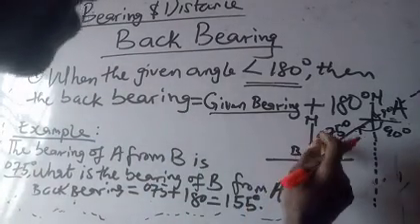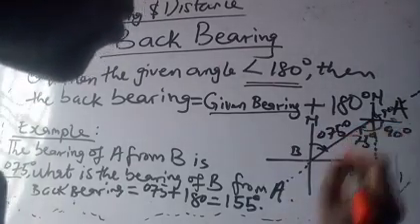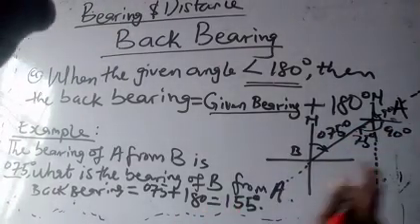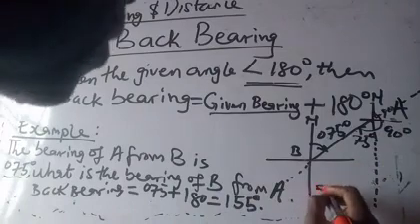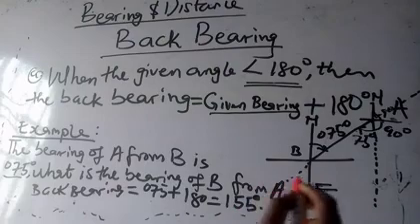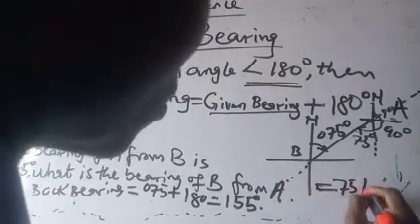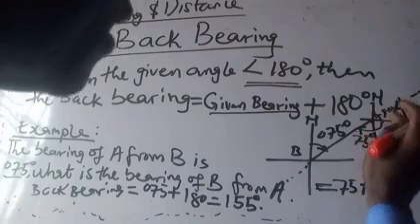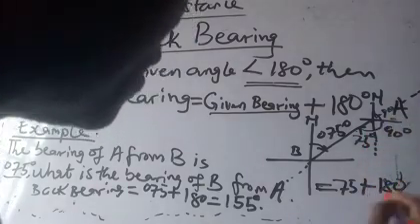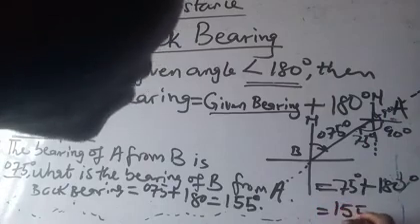So if this angle is 75, this angle is going to be 75. Therefore, the given angle, 75 degrees, plus 180 degrees, we have 155 degrees.